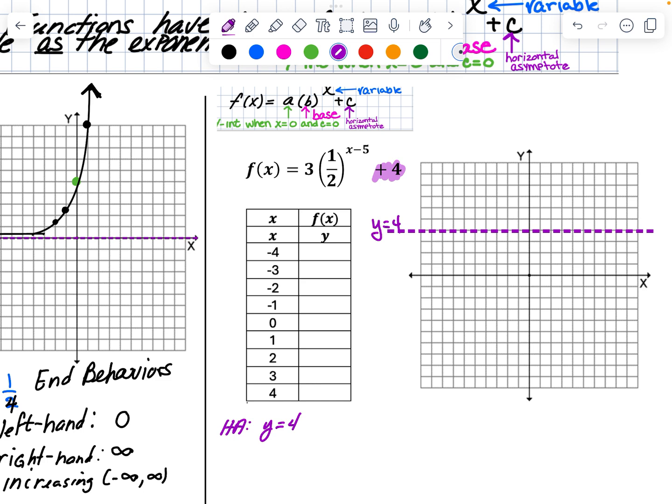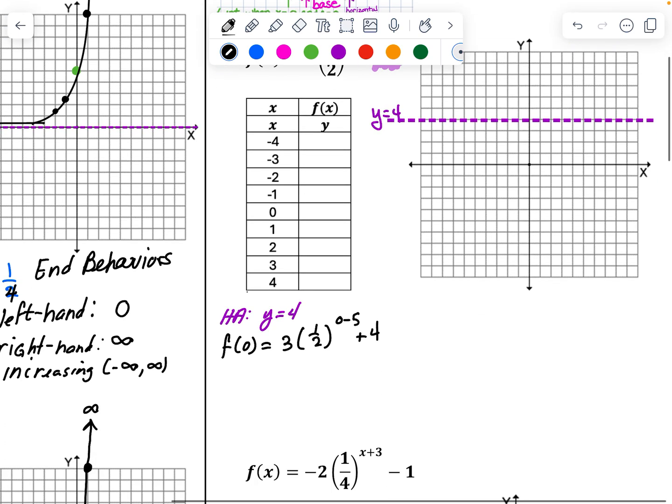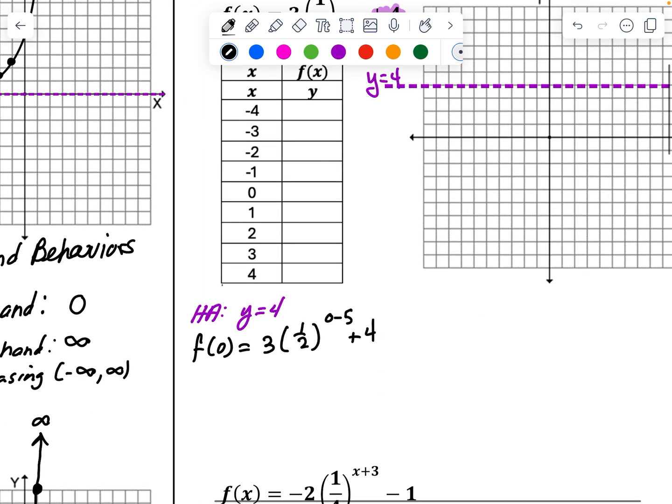Okay, so what about when x is 0? When x is 0, f of 0 would be 3 times one half to the power 0 minus 5, plus 4. This is going to be ugly immediately. So we have 3 times one half to the 0 minus 5, which is negative 5, plus 4.